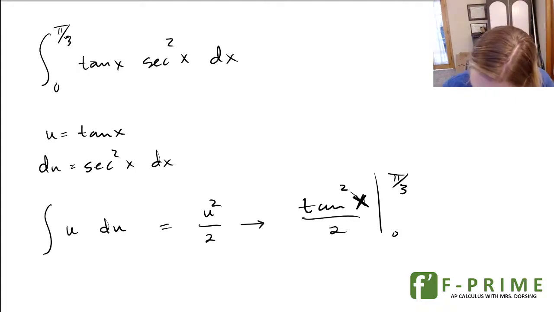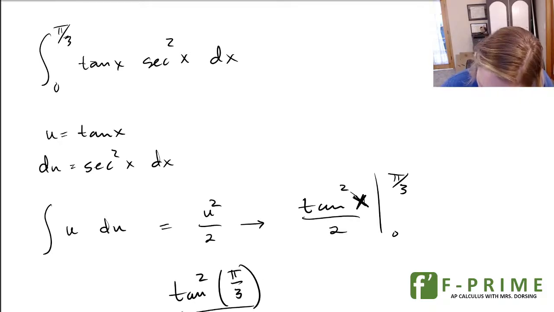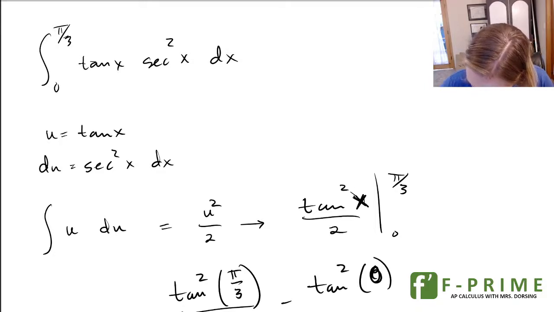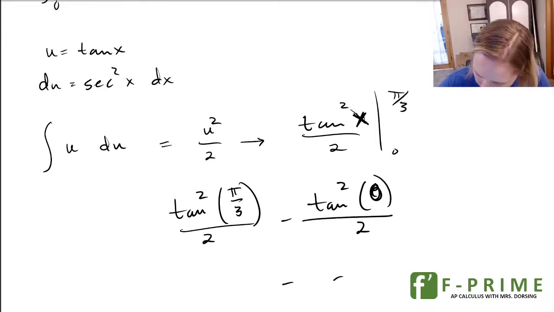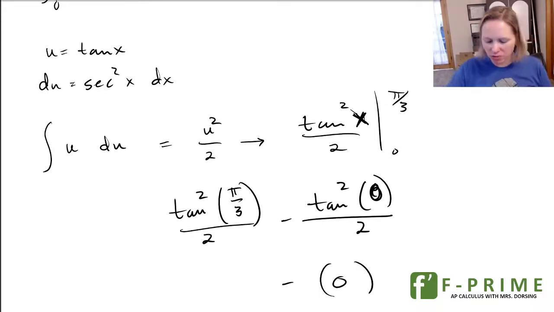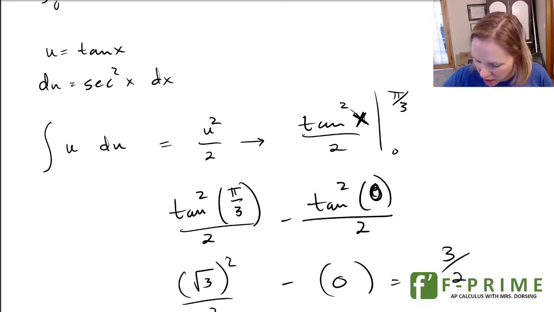We're going to have tangent squared of pi over 3 over 2 minus tangent squared of 0. Now tangent of 0 is just 0, so that's nice. But then pi over 3 is 60 degrees. The tangent there is square root of 3. So square root of 3 squared, oh, that's going to give me 3/2.